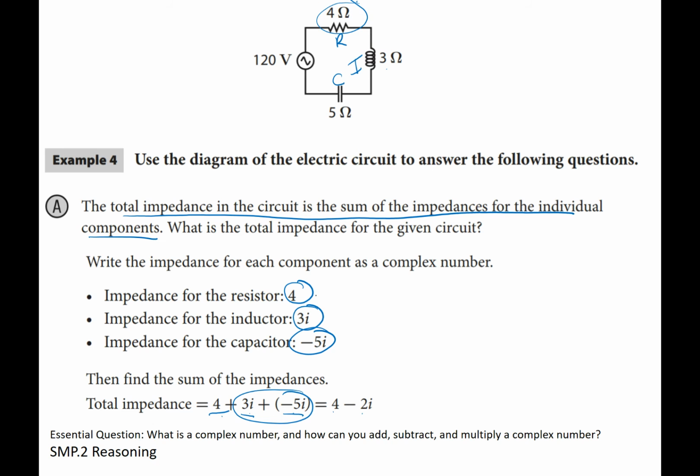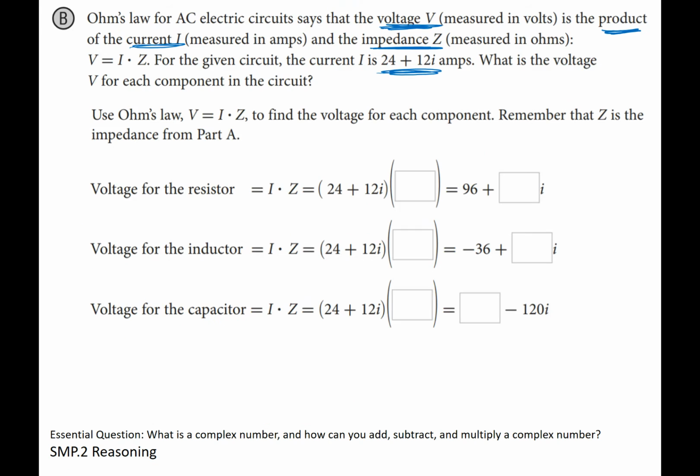So the impedance for the resistor was 4, and all we're going to do is distribute in that 4. So 24 times 4 is 96. 12I times 4 is 48I. So that would be the voltage for the resistor.